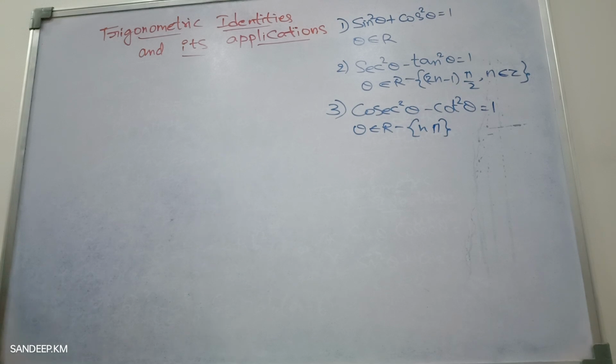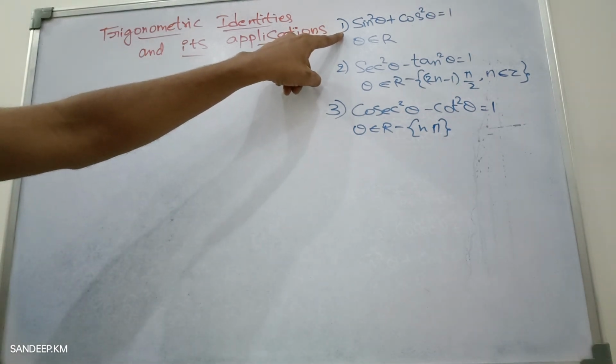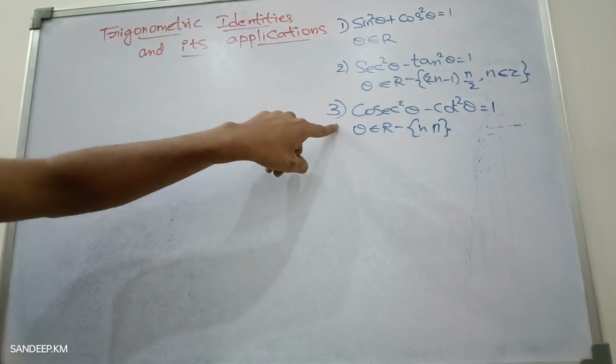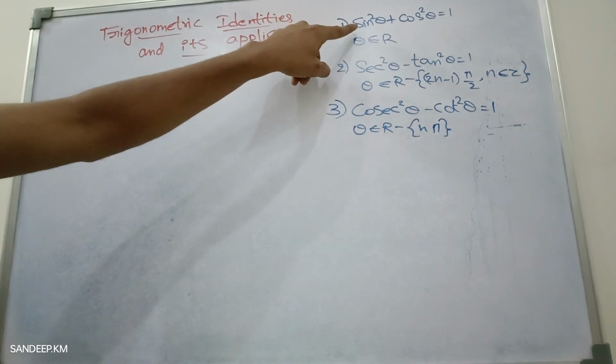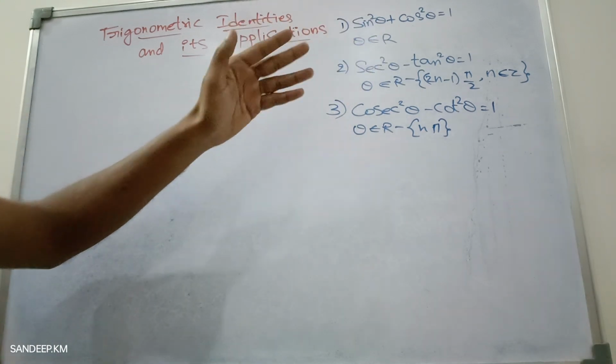The 3 trigonometric identities. The first one is sin square theta plus cos square theta is equal to 1. The second one is sec square theta minus tan square theta equal to 1. And the third one is cosec square theta minus cot square theta is equal to 1. But remember, while using these identities, in place of theta you can substitute any real number, any angle.